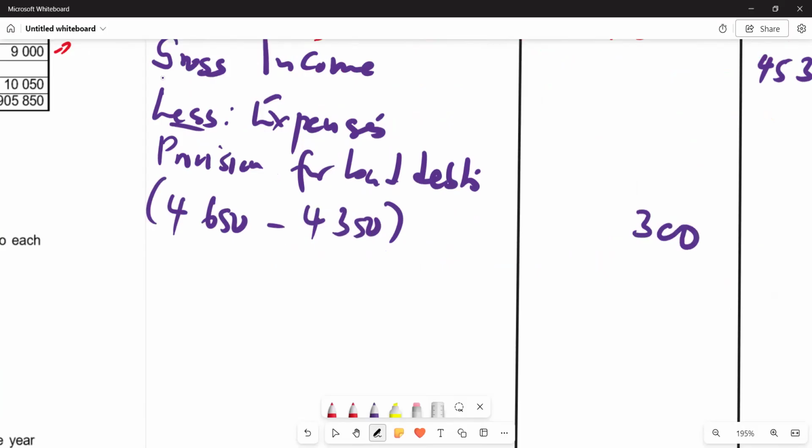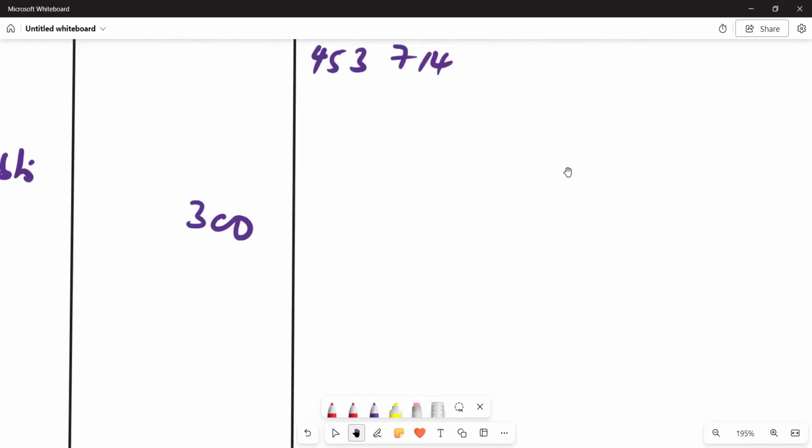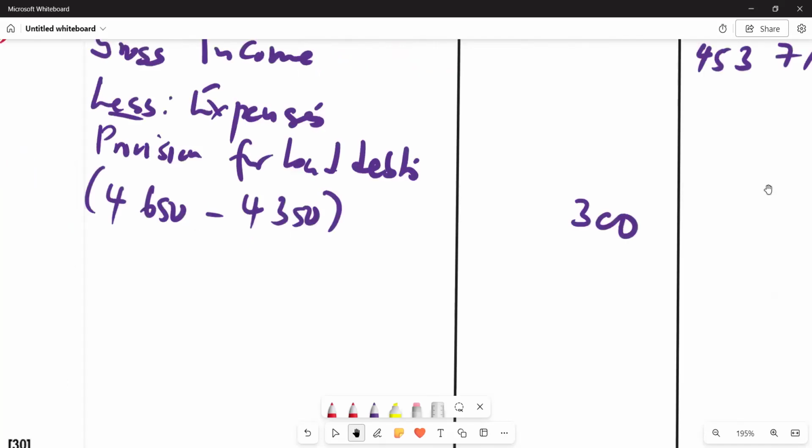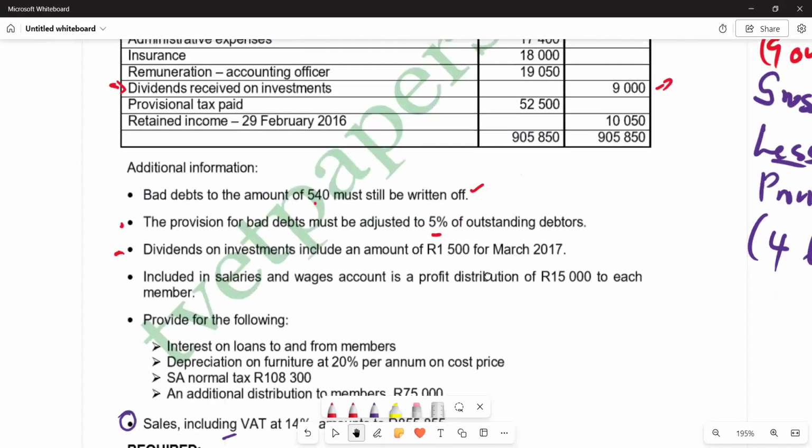And then after that, we can now go to the list of balances that we have in the trial balance and try to find out any other expense that we can identify there.